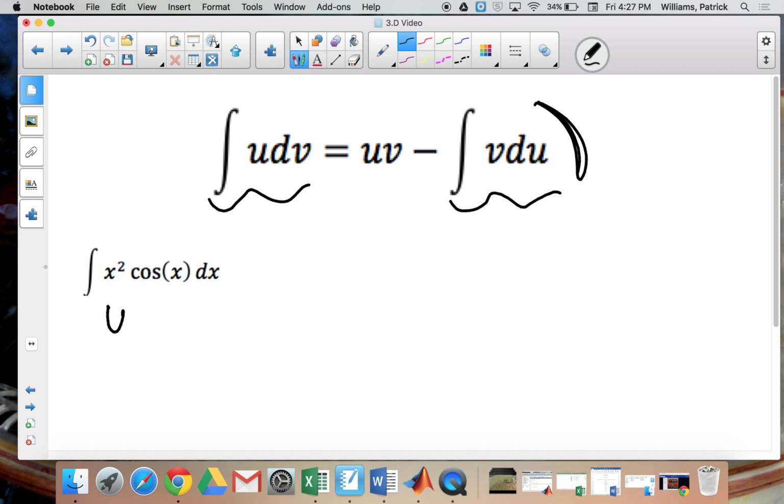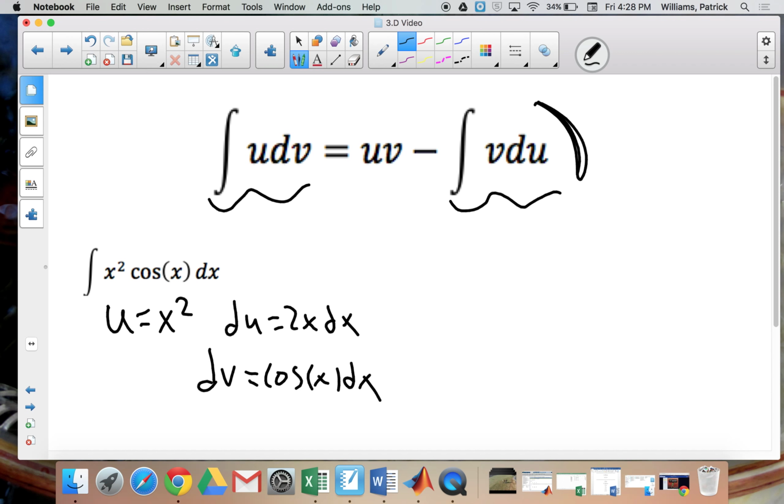If we say u is equal to x squared and dv is equal to cosine x dx, this means that du is 2x dx and v is going to be sine of x. All right?